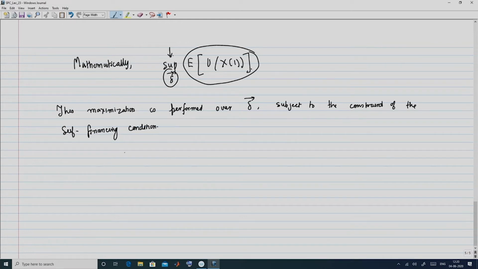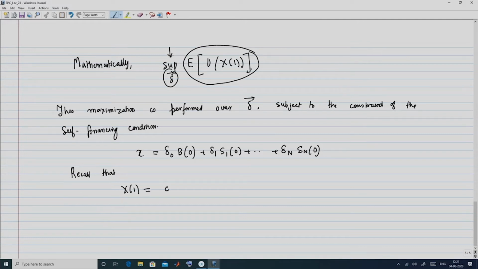What is the self financing condition? See, you start off with an amount of x and you invest in delta naught bonds, whose present price is B0, plus delta 1 units of stock S1 all the way to delta n units of stock Sn. And this total investment must exclusively be funded by the exact amount that you have in hand, that is your amount of x. So, just recall that we discussed this wealth process earlier in a single step model.